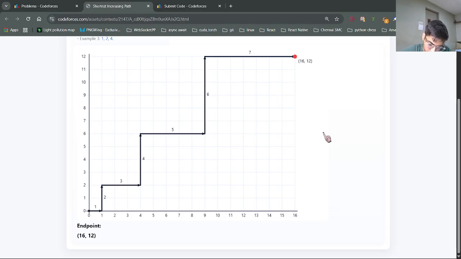What can I do here? Zero. So either I'm moving one, and then I'm moving two, three.